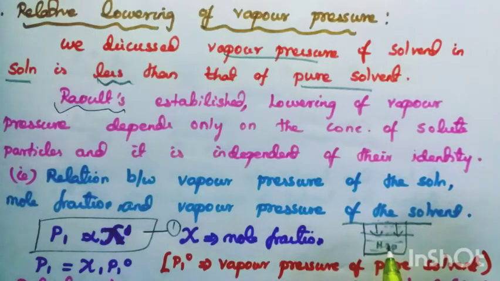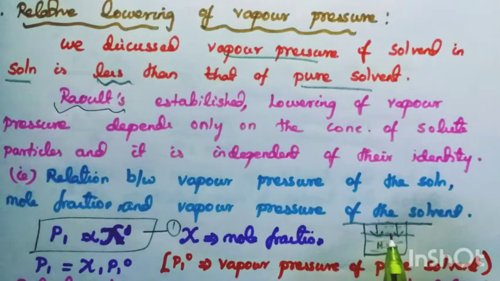That pressure vaporizes the molecules of the solvent. This is pure solvent, so here the vapor pressure is more, and more molecules get evaporated. If it is a solution, if you add NaCl to this, NaCl is also present on the surface.